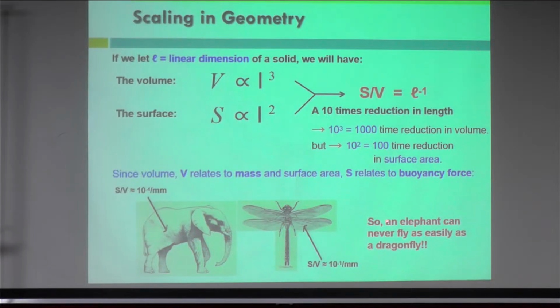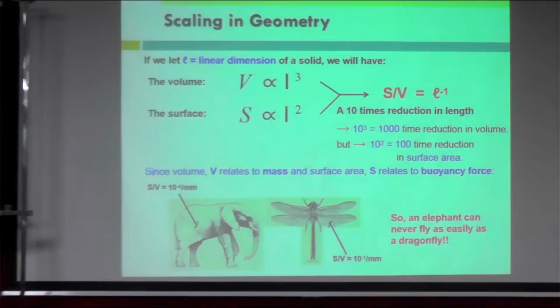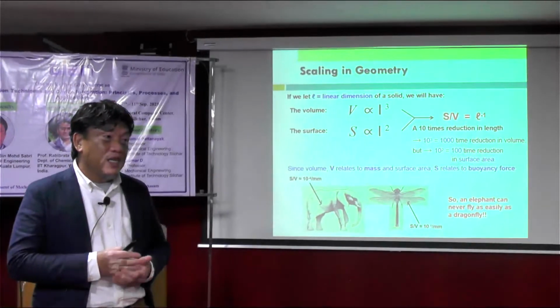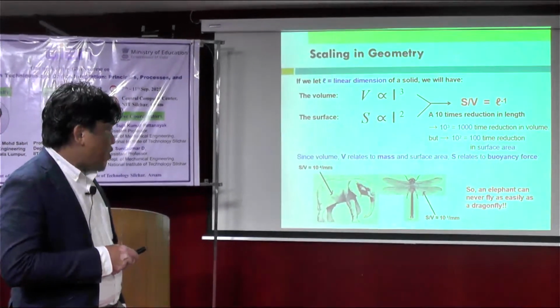So an elephant can never fly as easily as a dragonfly, because of this volume, the mass of the elephant being of a different dimension in relation to the buoyancy of the shape or the geometry.